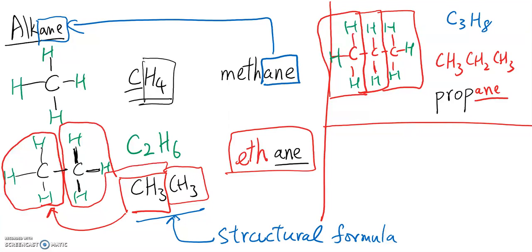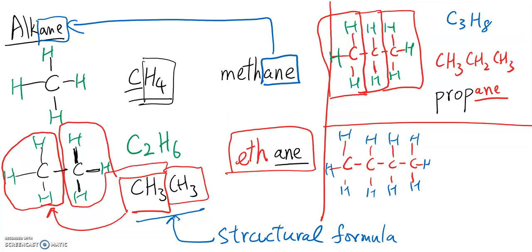So let's look at the last member that we want to discuss today. The last member contains 4 carbons, so 1, 2, 3, 4. This member contains 4 carbons, and the rest are filled with hydrogen.